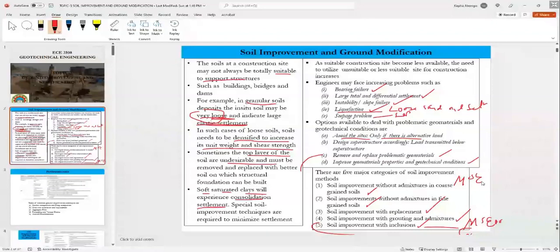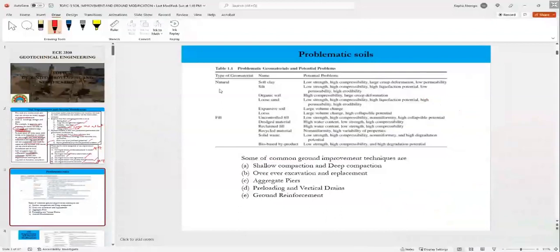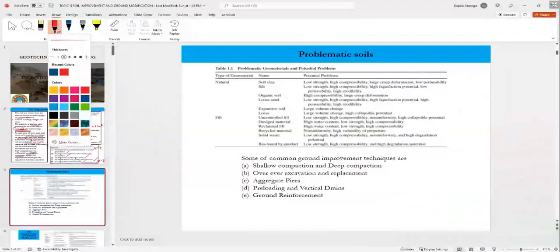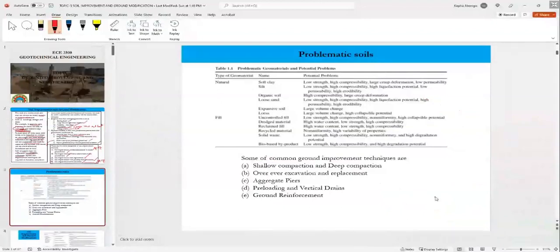Okay. Now let's see. The reason why we are doing these techniques is sometimes we have problematic soils. Now, the problematic soil may be natural or fill.